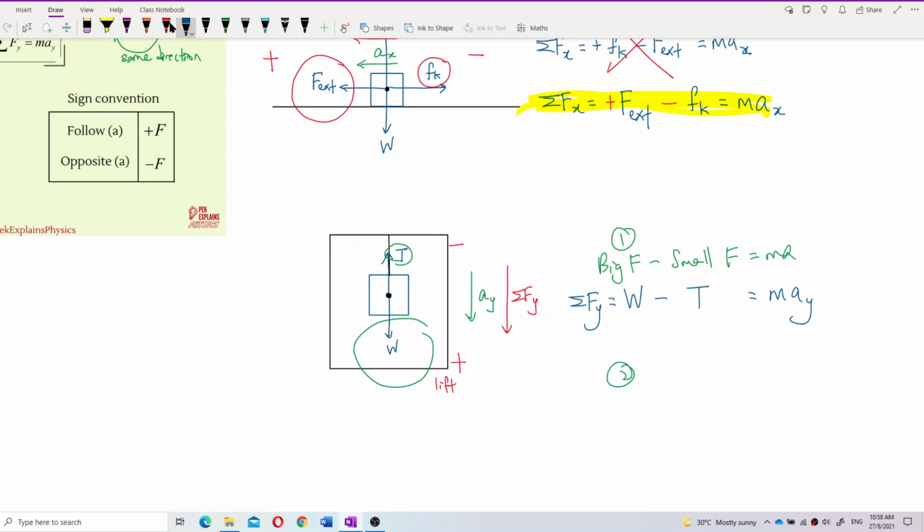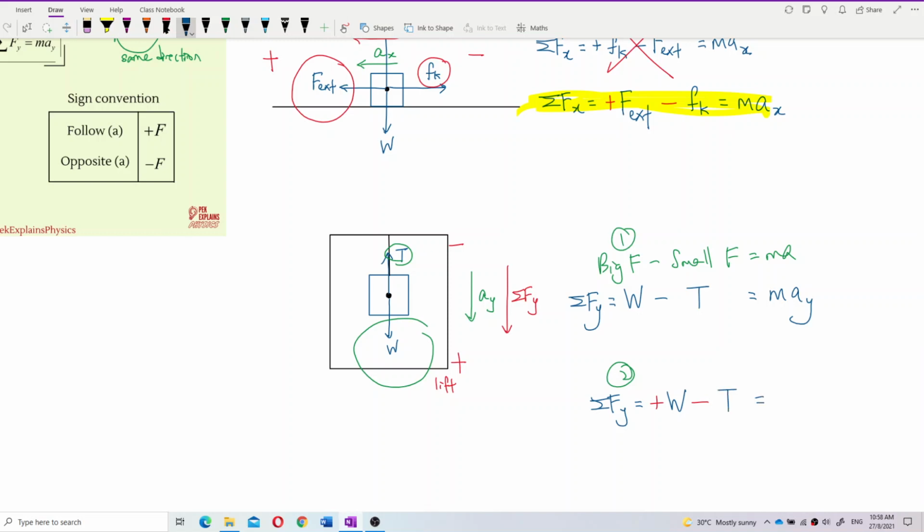First of all we write total Fy equal to, the weight follows acceleration, so it is positive. The tension is opposite the acceleration, so we put negative.